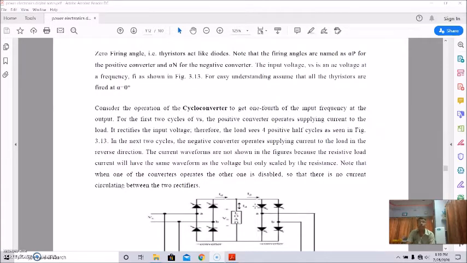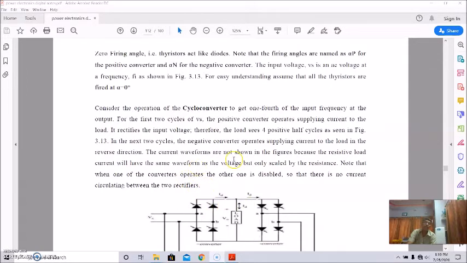So 4 positive half cycles will be generated. That is what I have shown you. For the next 2 cycles, the negative converter operates supplying current to the load in the reverse direction.